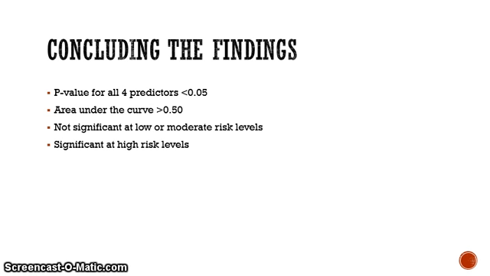So to conclude the findings from this study, if you examine the p-value in the previous chart, all of the 4 predictors have a p-value less than 0.05. So that means with a 95% confidence, we can conclude that these predictors are indeed accurate in assessing the likelihood of mortality in early diffuse cutaneous systemic sclerosis.